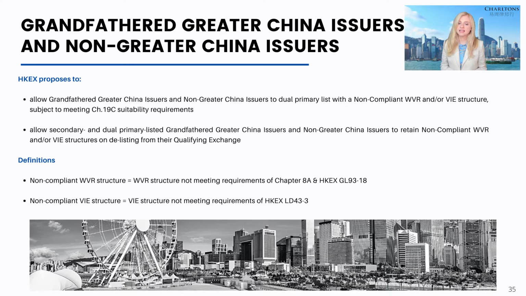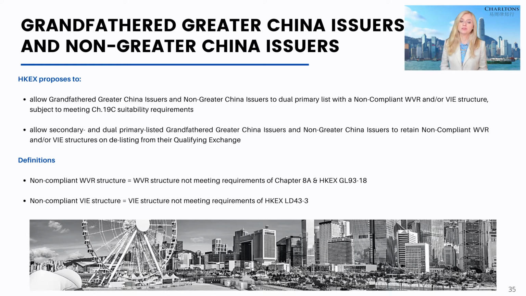If, following the secondary listing of a grandfathered Greater China issuer, the demand for its shares in Hong Kong increases and results in the majority of trading in its listed shares migrating to the exchange on a permanent basis, the company will be regarded as dual primary listed in Hong Kong and will lose the benefit of the automatic waivers granted to it.